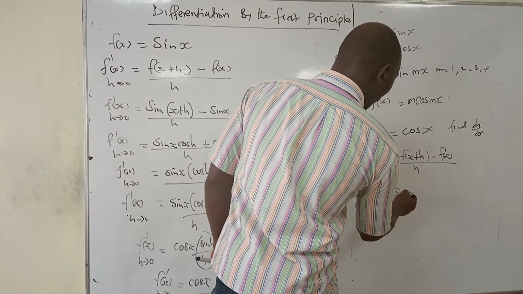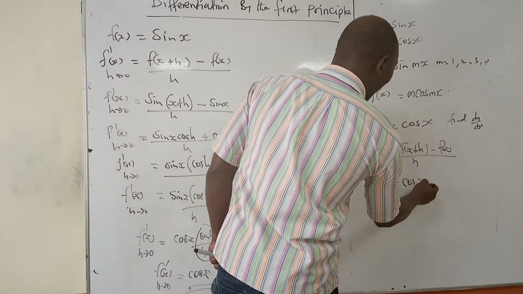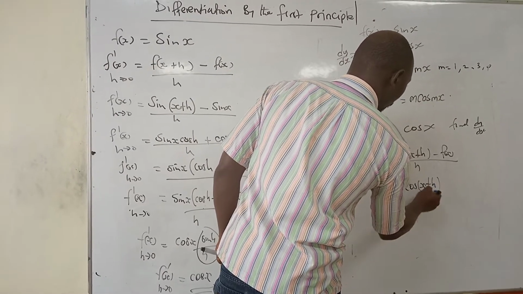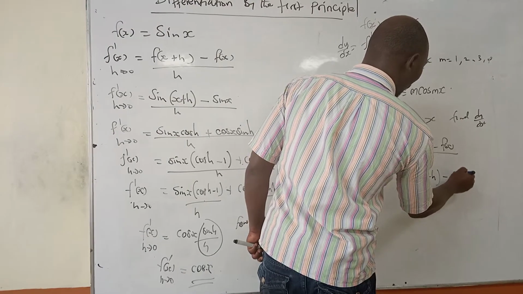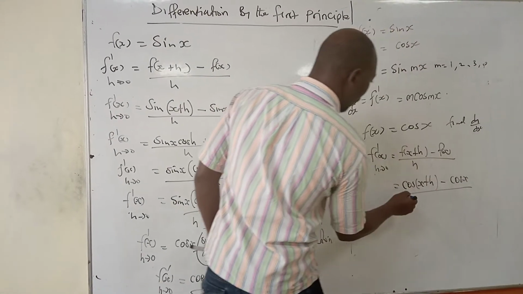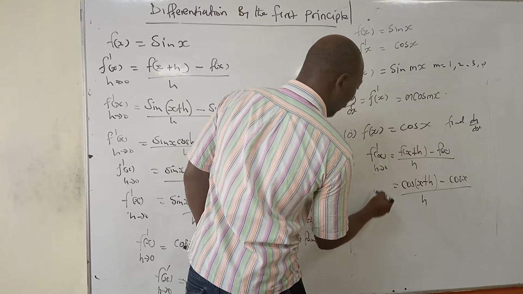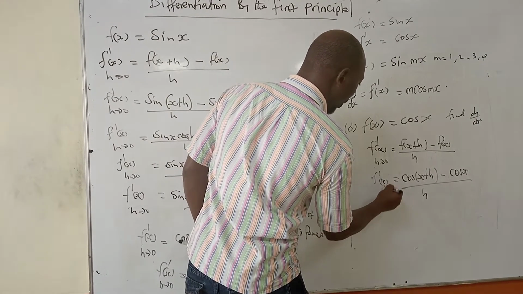So we replace, it shall be cosine of x plus h minus cosine of x, which is our f of x, everything divided by h, and this will give us f prime of x when h is approaching 0.